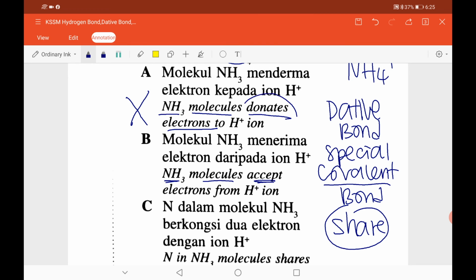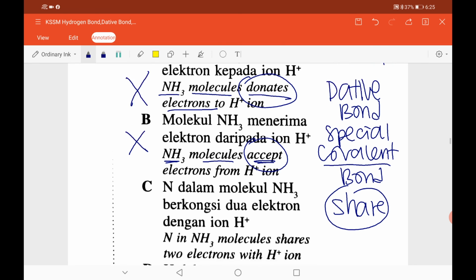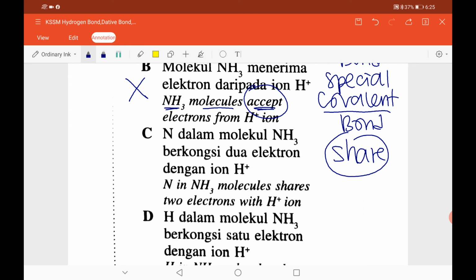Same thing, there is no donate, there is no accept, because dative bond is covalent bond, they share electrons. B is wrong. So look at C. The nitrogen in the ammonia molecule shares 2 electrons with H plus. Makes sense. When one party shares 2 electrons, and the other shares nothing, that is dative bond. So the best answer is C.